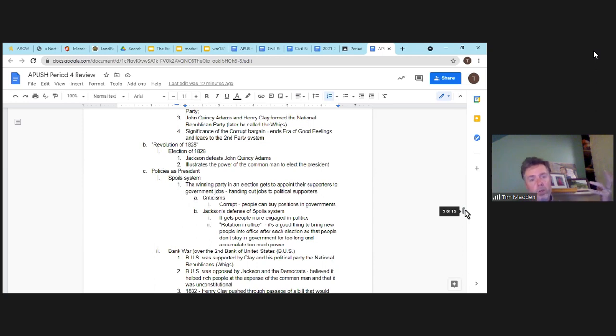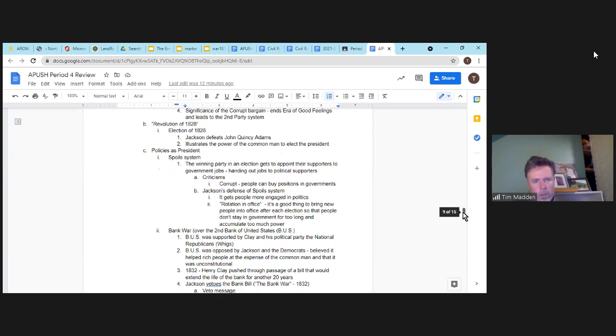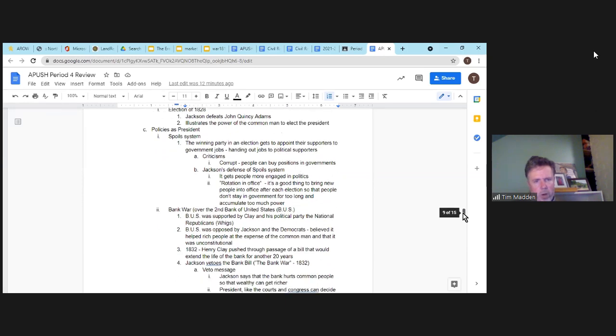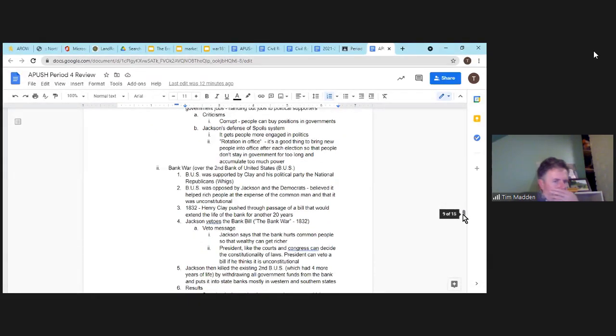Today, those positions are largely filled by civil servants. You take a civil service exam, right, and you get into those positions. That doesn't happen until the 1880s, though. The bank war, okay, this is a big issue. It's a great issue to show how Clay's American system becomes a source of dispute.